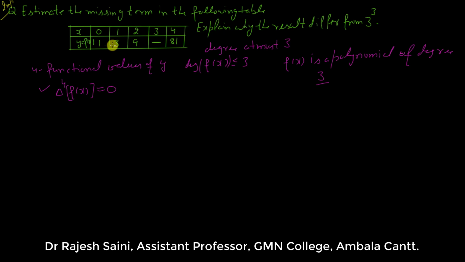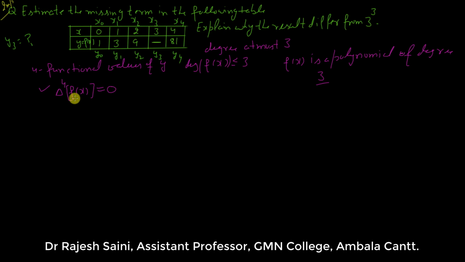It is true for every value of f(x). And if I say this value is x0, this is x1, this is x2, this is x3, this is x4. Similarly, f(x0) is, say, y0, f(x1) is y1, y2, y3 and y4. We need to determine y3.